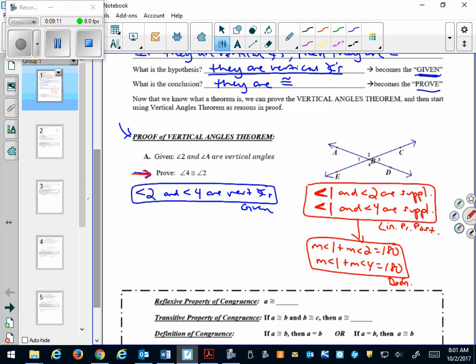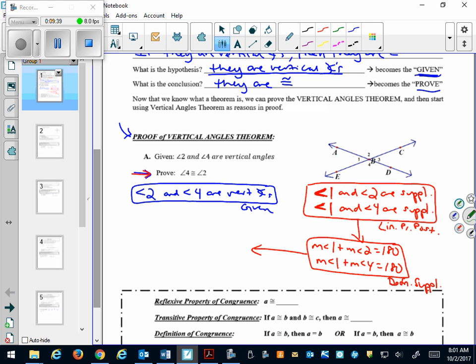What is the reason there? Definition of supplementary. Now what might you do? Yep, Colin. Good.